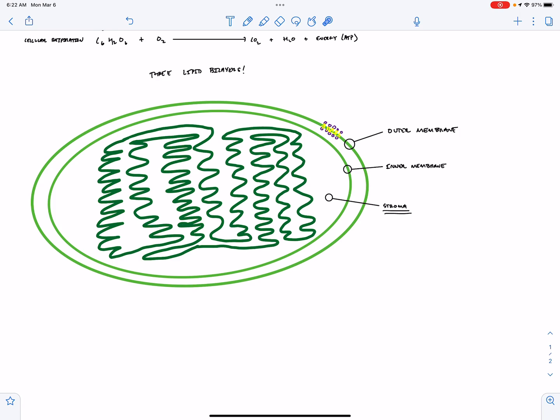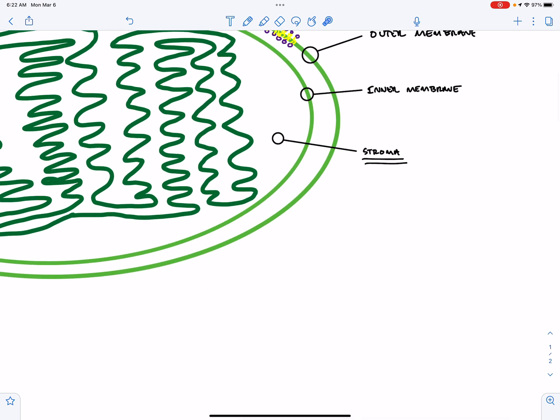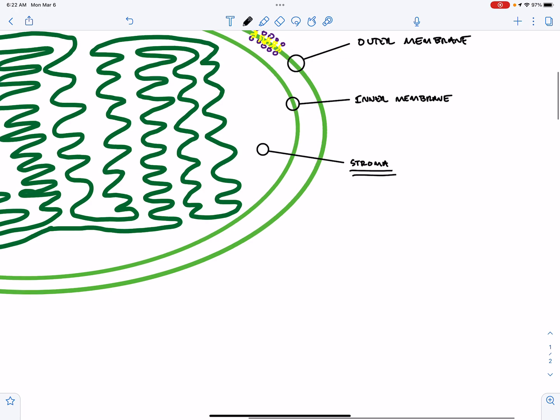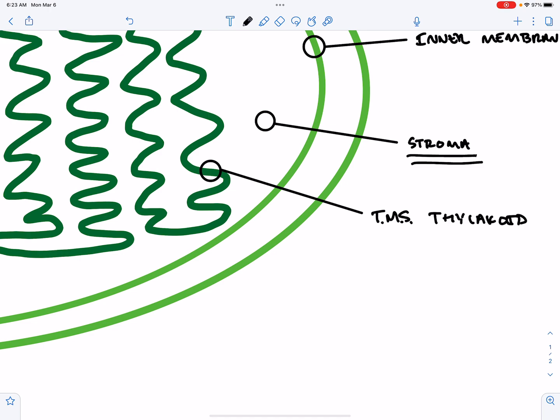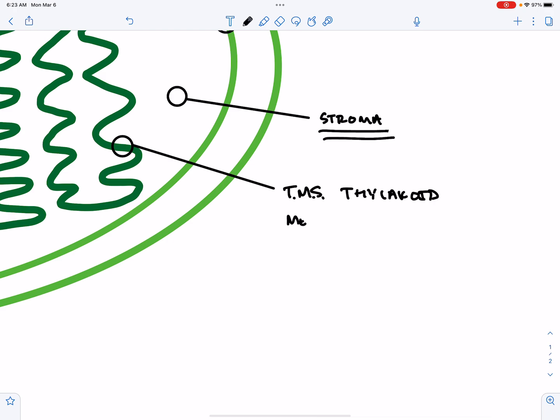Okay. And so interior to the innermost membrane is our last membrane, and it is right here. I have it in dark green, and this is called the TMS, which is an abbreviation for thylakoid membrane system.